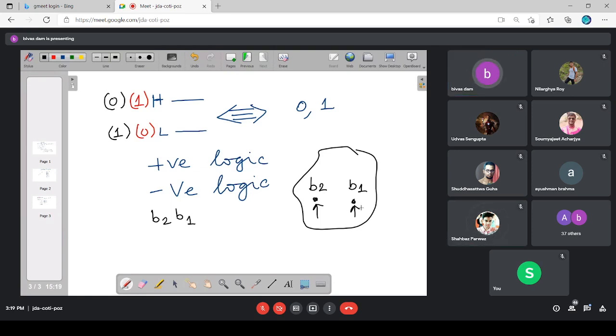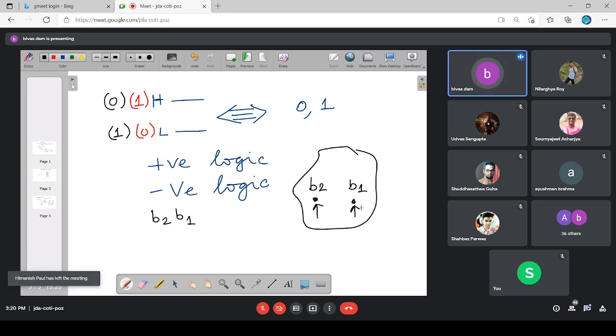So what we can now infer is, though we are talking about Boolean variables or Boolean outputs, they basically arise out of some electrical nodes in the physical domain. And those nodes can be visualized as outputs of different circuits.